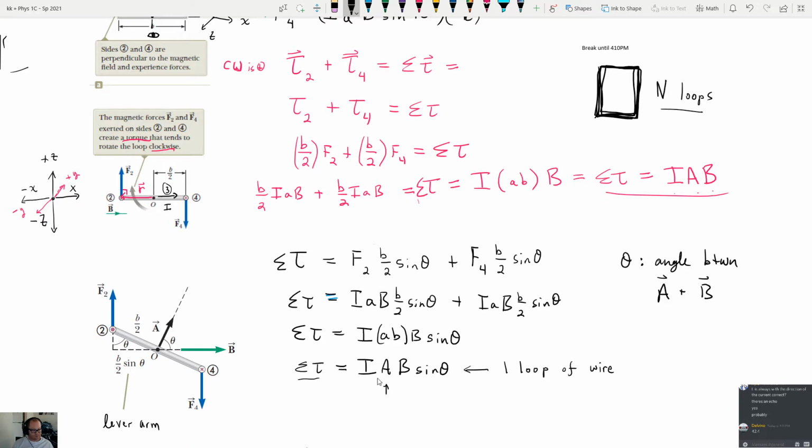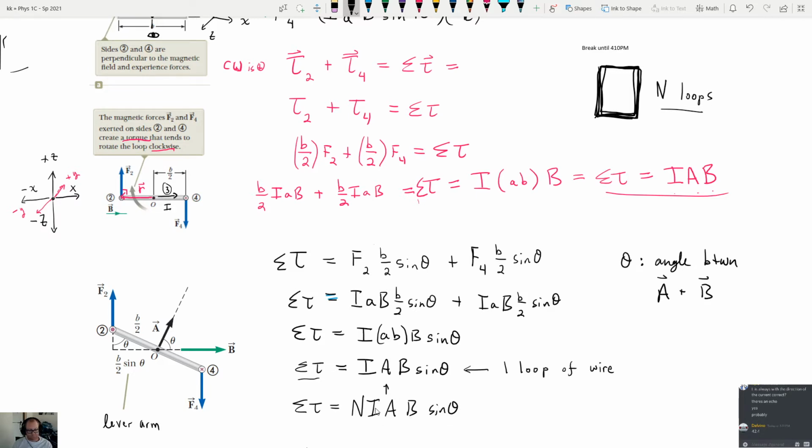Each one of them is going to feel IAB sine theta. So if I have 2 loops, the torque would be 2 IAB sine theta. If I have 10 loops, it would be 10 times I times A times B times sine theta, right? So if I have N loops of wire, then my torque is going to end up being N times I times A times B, and we still have this sine theta thing sticking around right here.